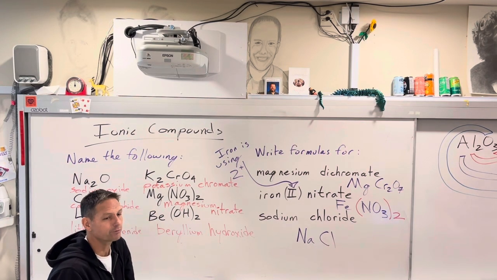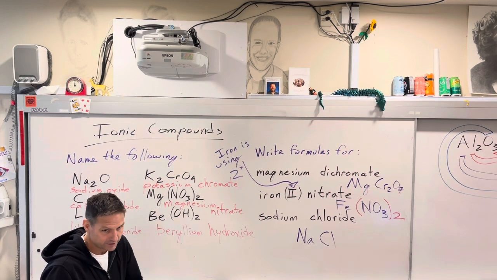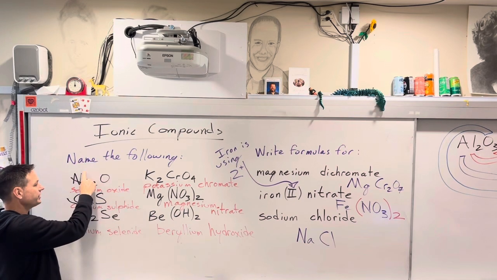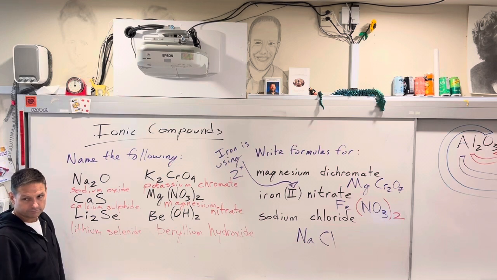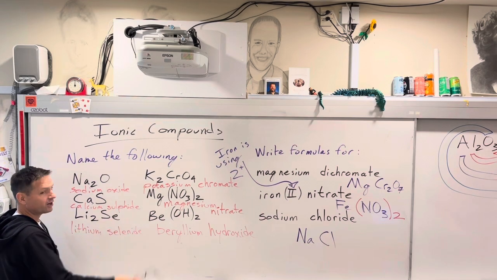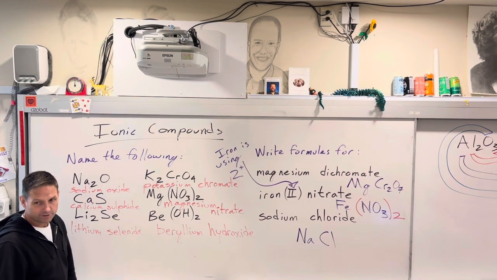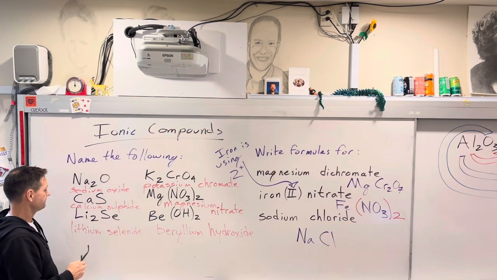So we don't need the prefixes in ionic compounds. We do not need those. So we just say sodium oxide, and that's it. It's sodium and it's oxygen, so it's sodium oxide. Boom, done. If you don't know how to change the oxygen and you go oxygenide or oxygide or whatever, that's fine with me. I'm not worried about that. You'll get familiar with this later.